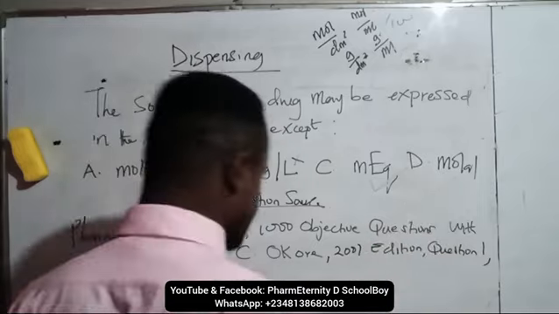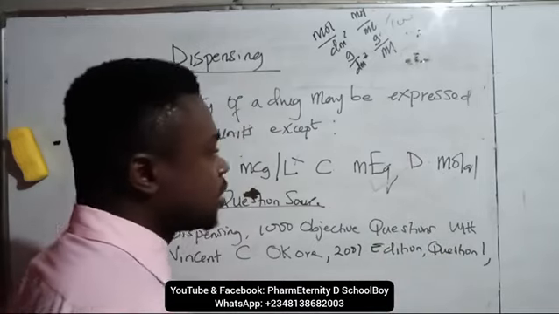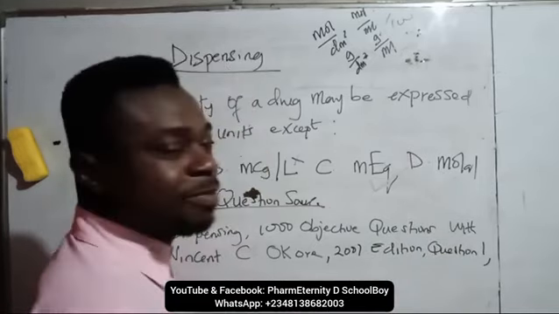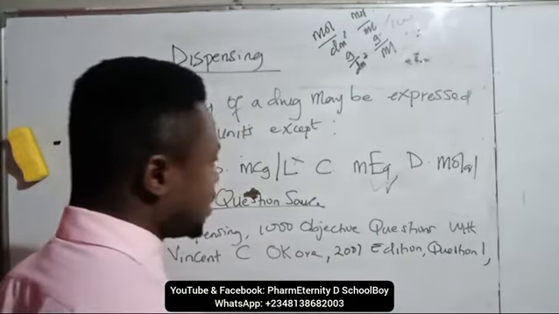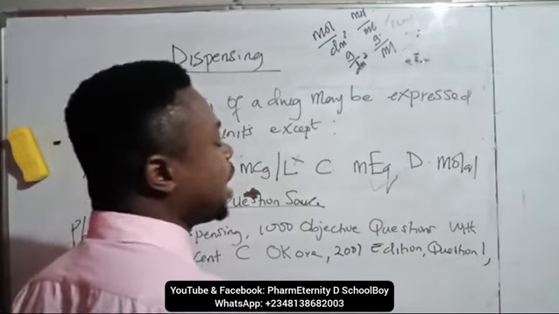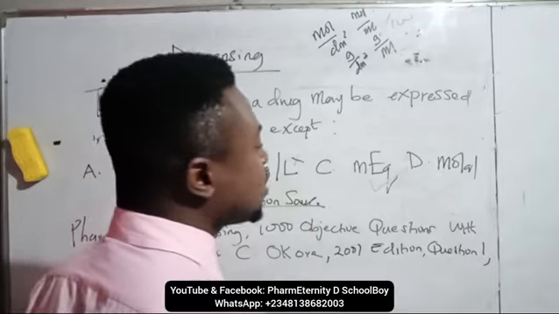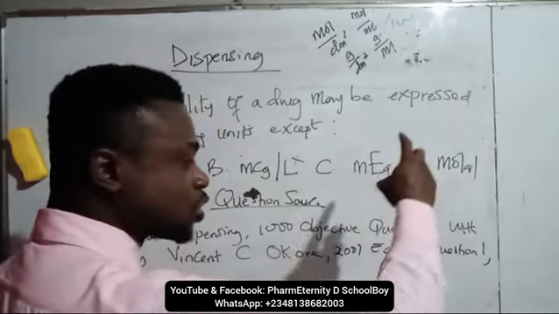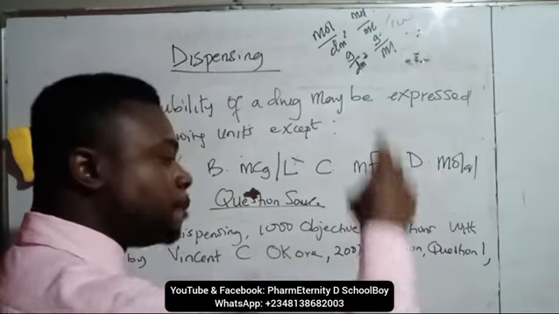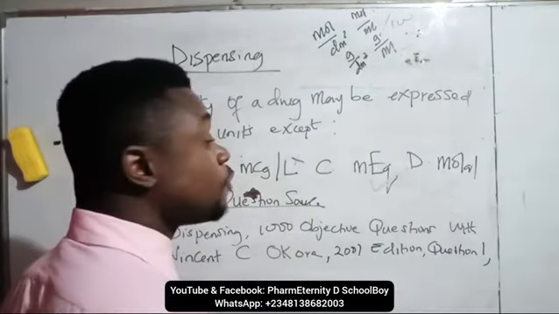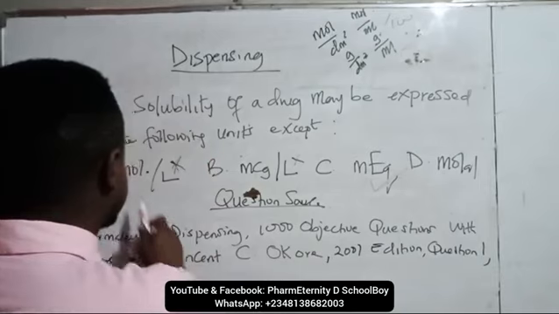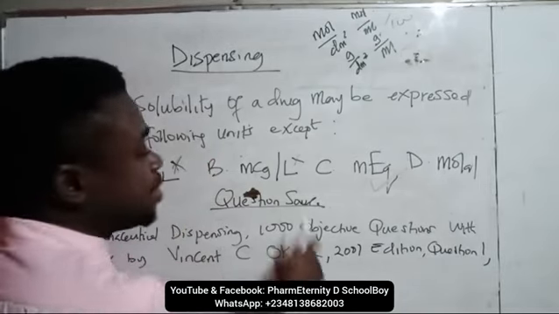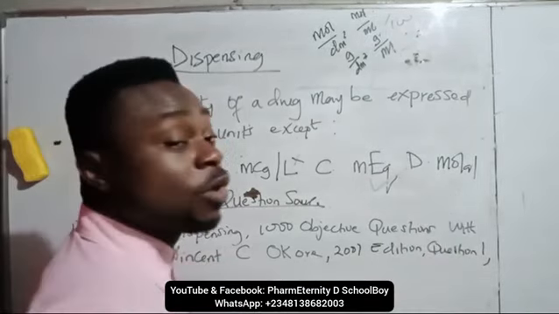But let's look at D. What is D? Molar. The unit expresses molality. And what is molality? Molality is a concentration term because it talks about the moles of a solute per 1 kilogram of solvent. Unlike here, where the solvent is in ml, here the solvent is in kilogram.